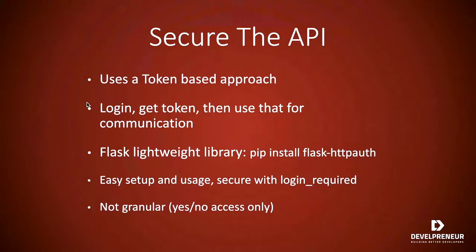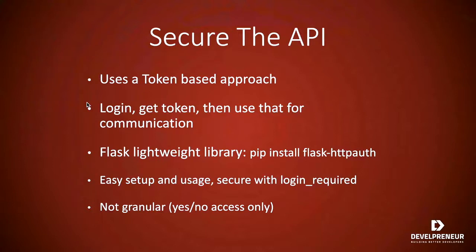Flask has actually, we talked early on about how it's extended, and it's easy to extend, and a lot of people do extend it. There are actually multiple ways that are already out there. There are security extensions that are easy to use, with varying levels of granularity. Basically, some are very complex and high in security. Some are very simple.